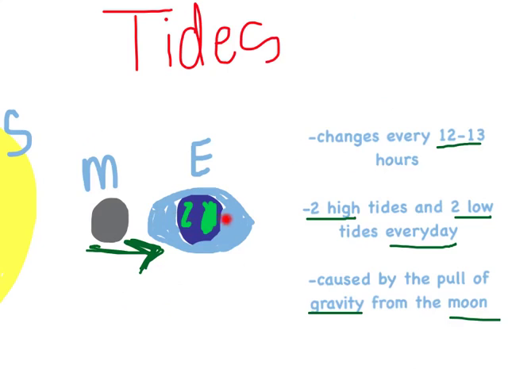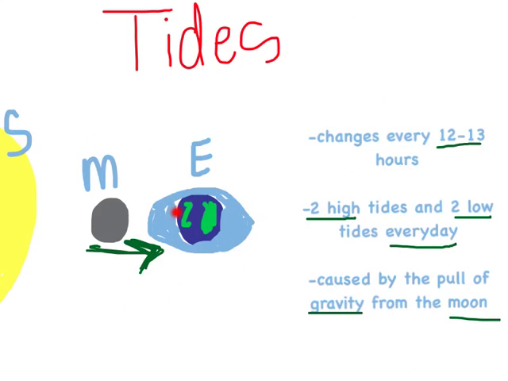As you can see, on the left and on the right is where the biggest bulges are. And remember, all this blue is representing the water. Basically the gravity is not creating more water, it's just pulling that water. And depending on the position of the moon and the earth, that will determine if I'm having high tide or low tide.